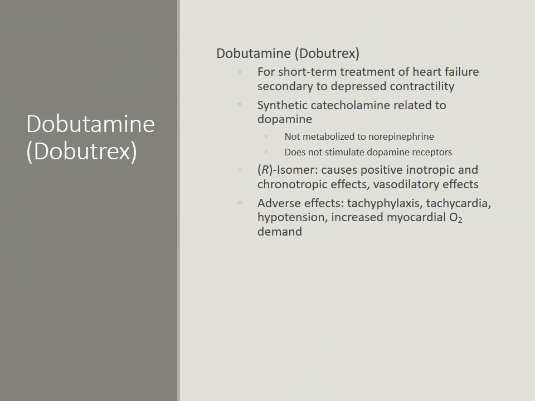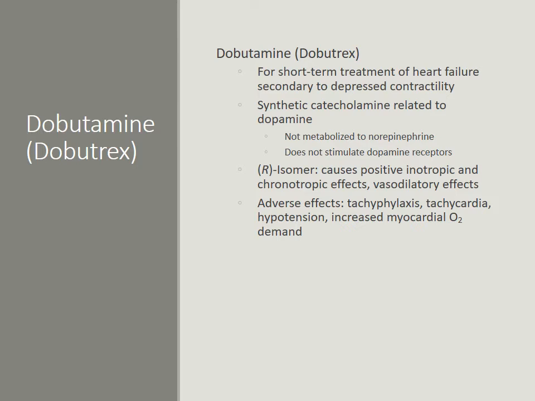We'll talk about dobutamine or Dobutrex first. This is used for short-term treatment of heart failure secondary to depressed contractility. Heart's not pumping well enough. It is a synthetic catecholamine and it's related to dopamine. It is not metabolized to norepinephrine.